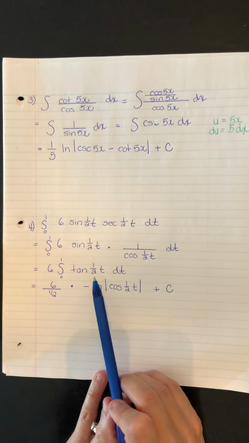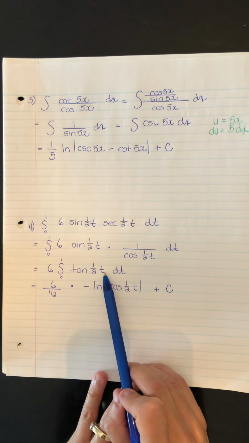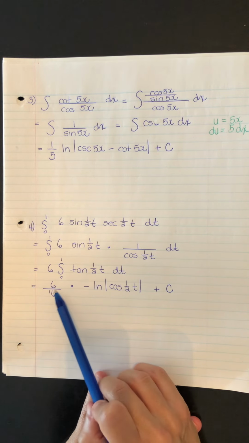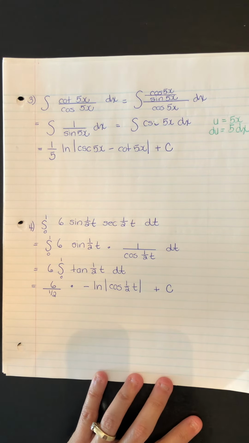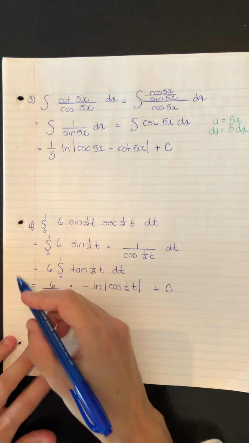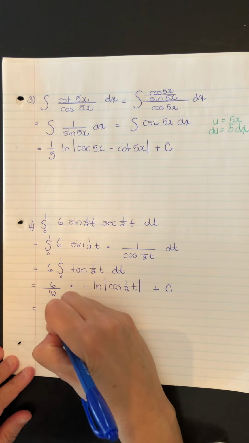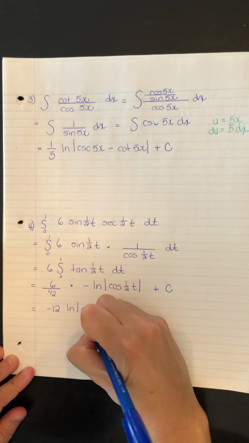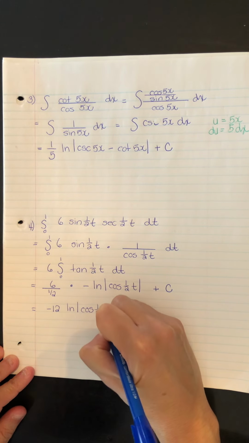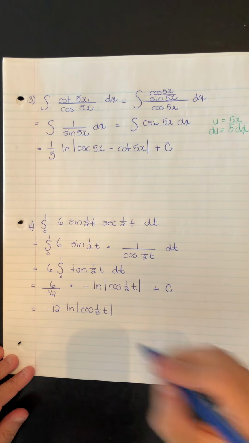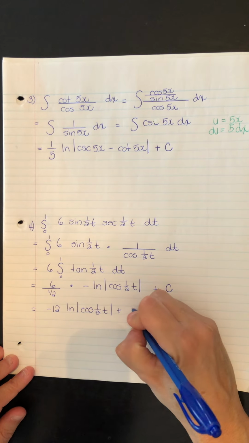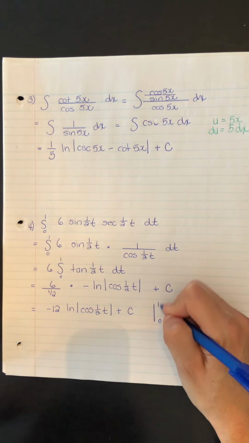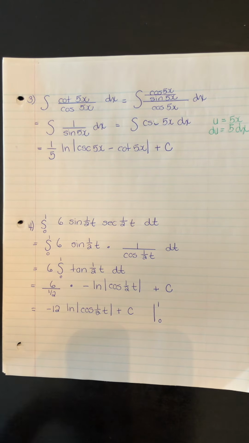So here, the derivative of the angle is 1/2, so we need to make sure we divide by 1/2. So this will actually give me 12, making the answer -12 times the ln of the cosine of 1/2 t. That's actually not the final answer because this is a definite integral, so I'm still going to have to substitute the upper and lower limits.